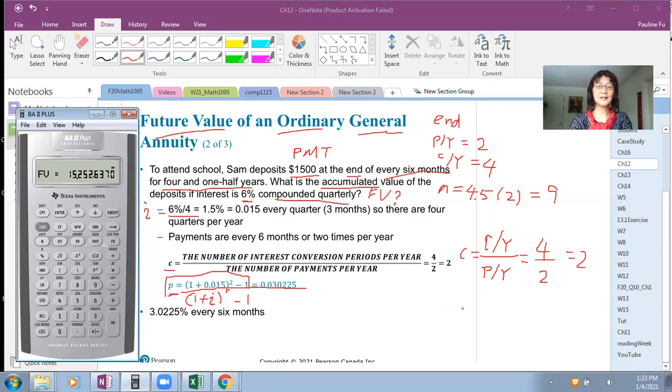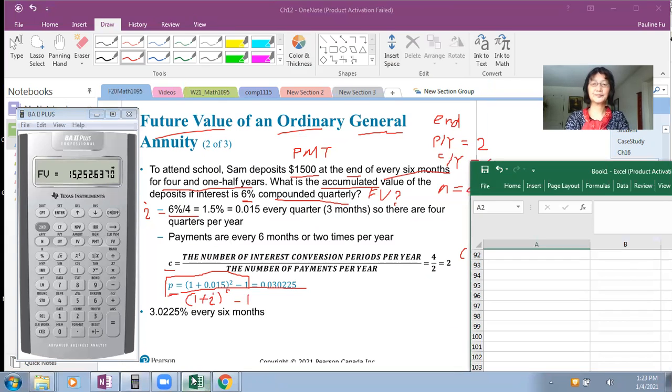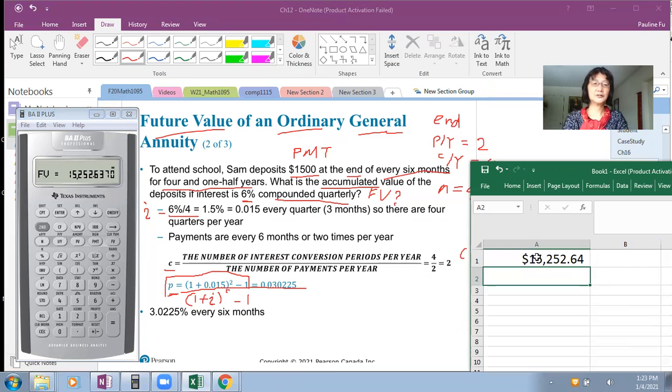All right, the last method to calculate future value for an ordinary general annuity is to use Excel. To use Excel, we need to calculate P, the equivalent rate per payment period. Just use this formula here.